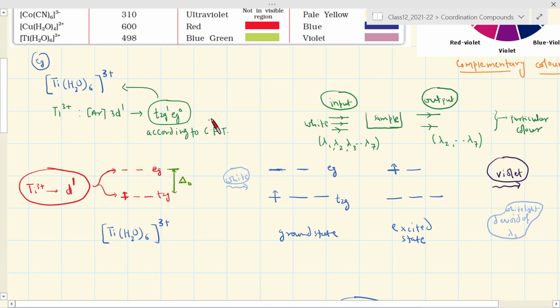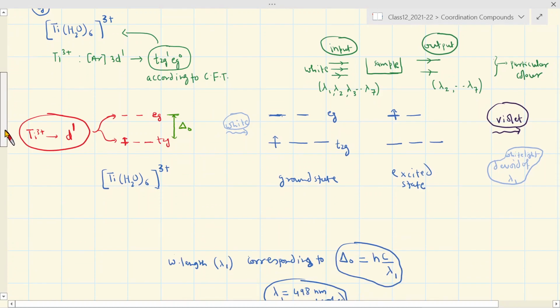We are applying crystal field theory to the octahedral complex to write down this electronic configuration. What it simply means is that the d orbitals, in the form of two sets, t2g and eg, are separated by a crystal field splitting energy delta O.